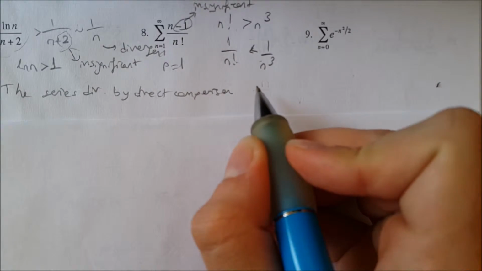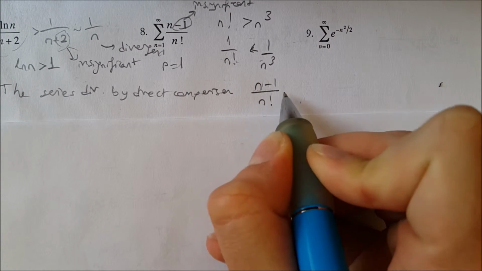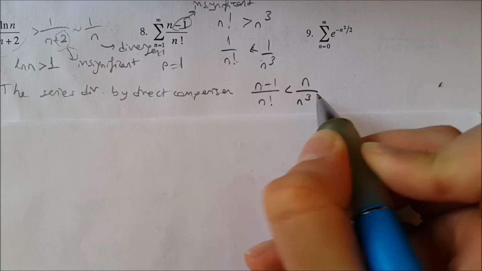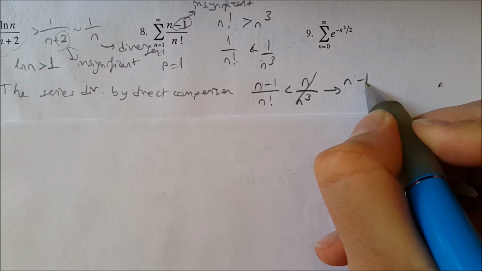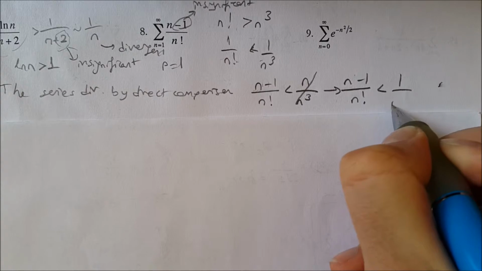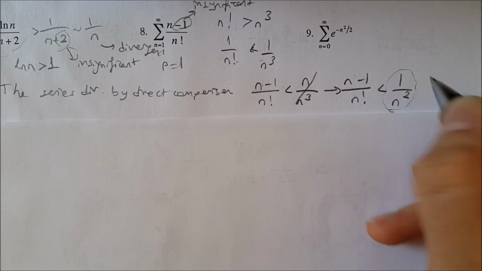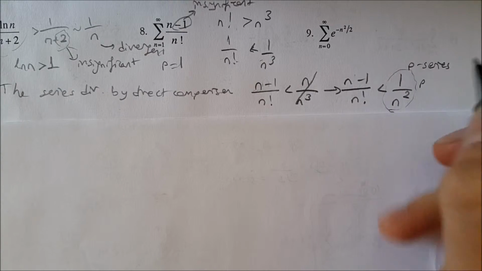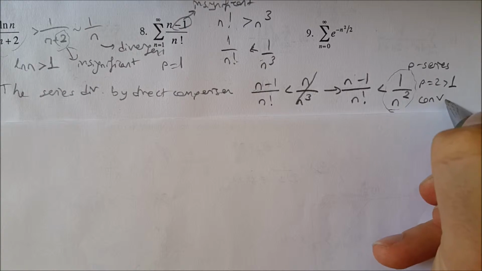So we can say n minus 1 over n factorial is smaller than n over n cubed, which if we simplify, is 1 over n squared. And since this is a p-series with p equals 2, greater than 1, this converges.